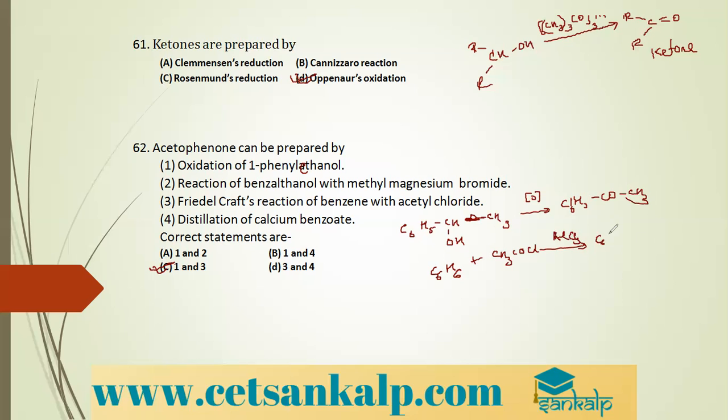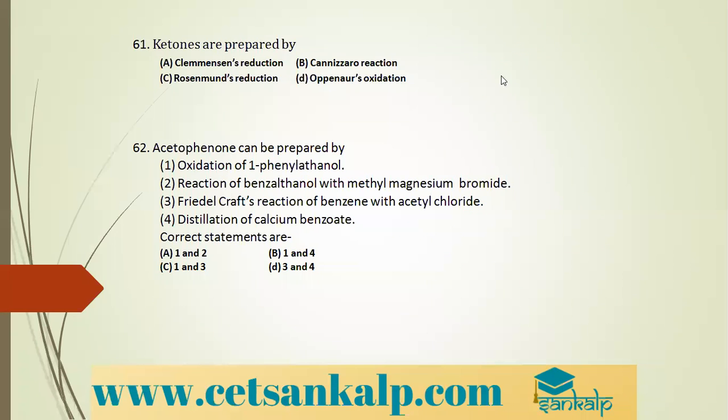What do I get? C6H5COCH3. This is nothing but acetophenone. So by these two reactions, I get acetophenone. So the correct option is the first reaction as well as the third reaction. These are the methods of preparation of aromatic ketones, that is, acetophenone.